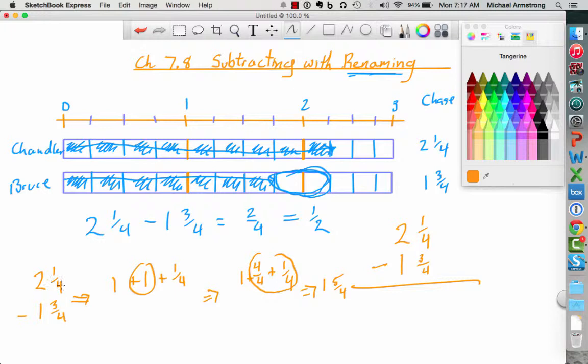Now, 2 1/4 is the same as 1 5/4. I just took one of my pizzas and cut it into 4/4, and then I combined the two. 4 plus 1 is 5.